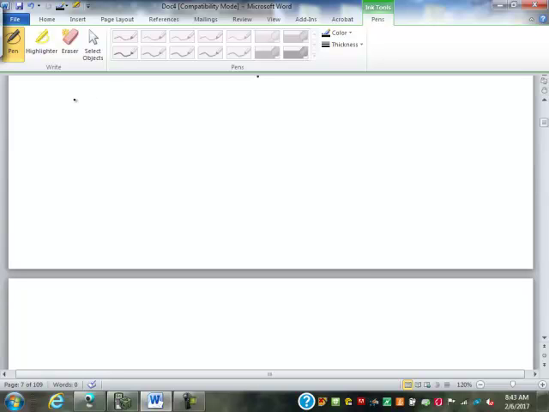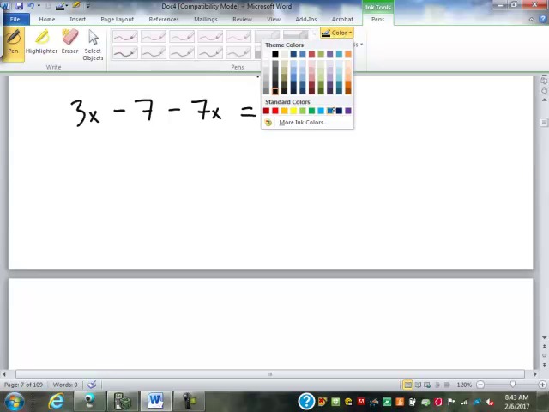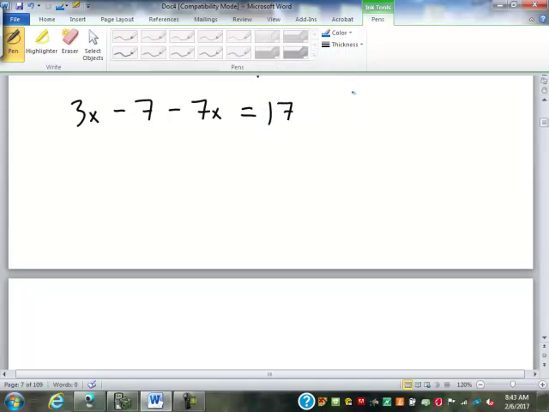We might have something like this. What do we have to do here? Combine the like terms. We've got two x's on the same side of the equation. We can combine them. 3x, and we got to treat that as a negative 7x because the operation goes with the number that comes after it.